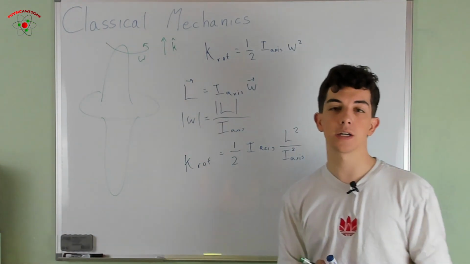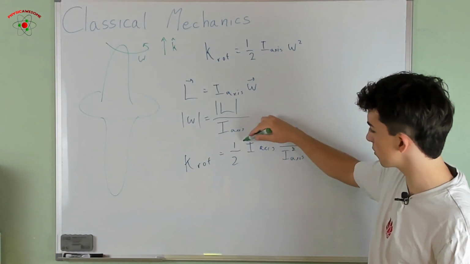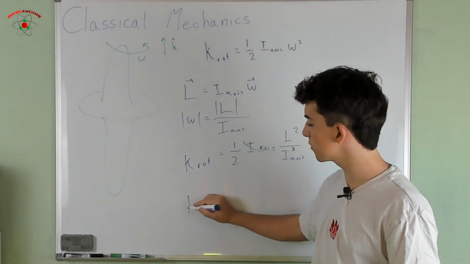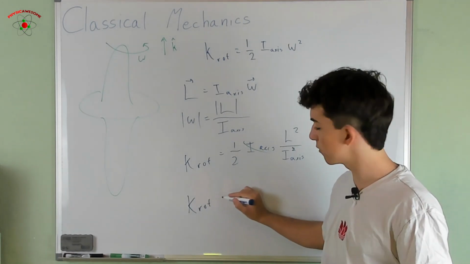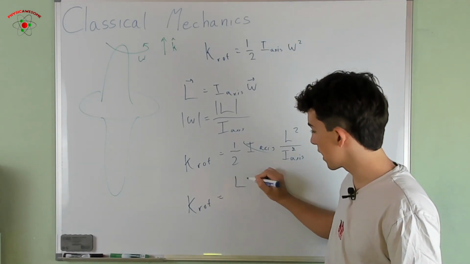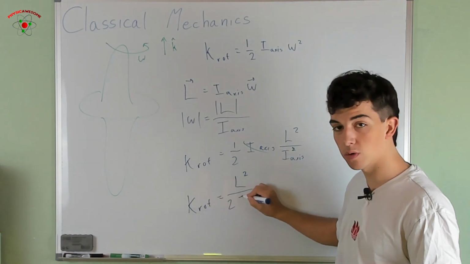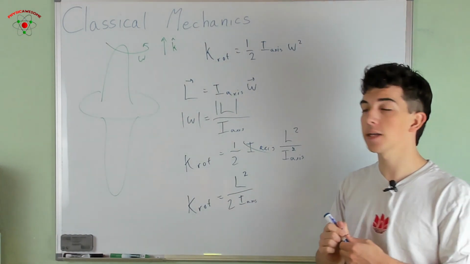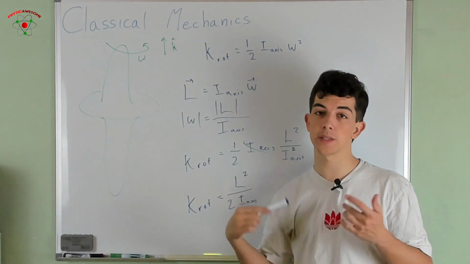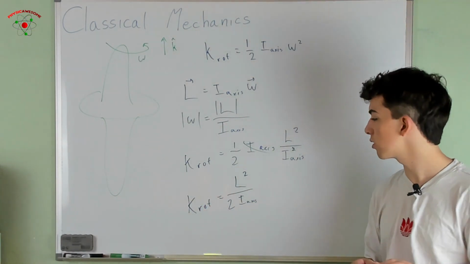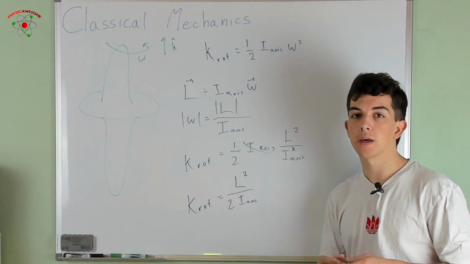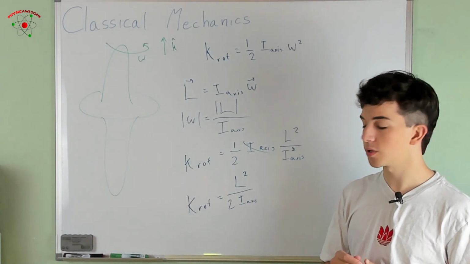Then we can cancel one of these squares with this one, and what we find is that the kinetic energy of rotation, K rot, equals L squared over 2I on the axis. And again, if this object is symmetric, by the same reasoning as in the previous video, this quantity is going to be independent of the actual rotational point.